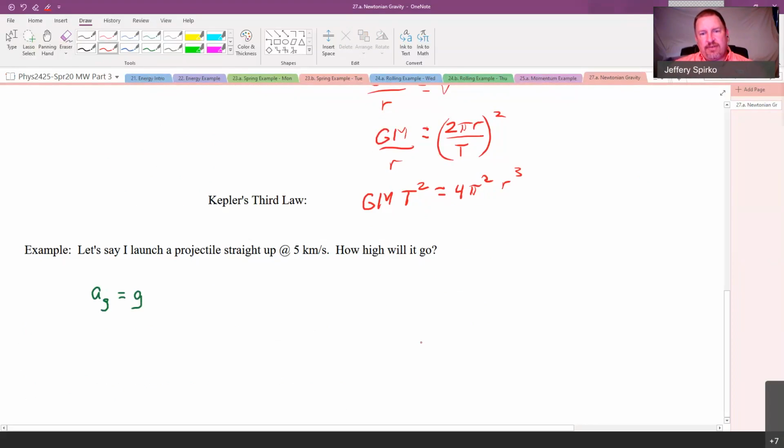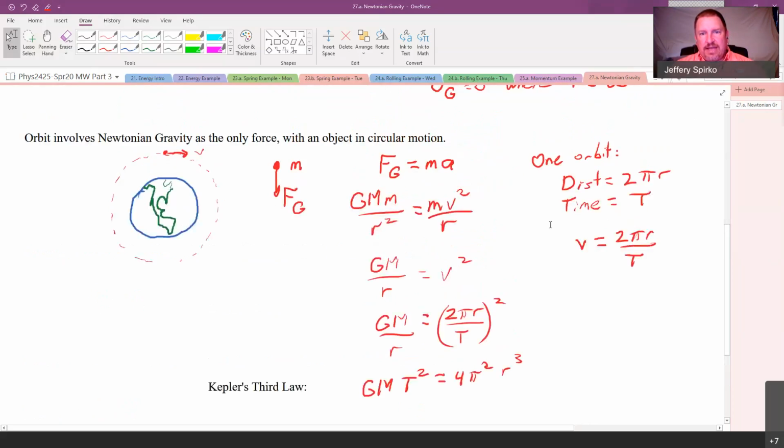With Newtonian gravity, a capital G is, we figured it out up here. The a is this stuff, the v squared over r, which is this stuff. Basically, the force formula without the little m in it is the acceleration.